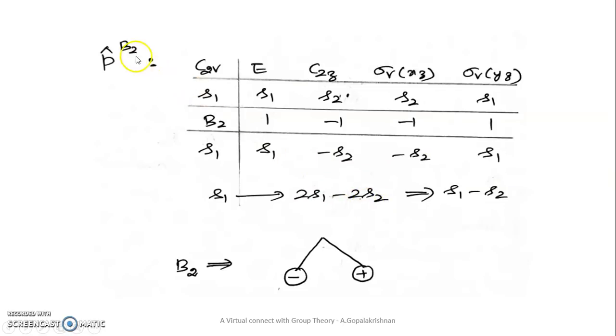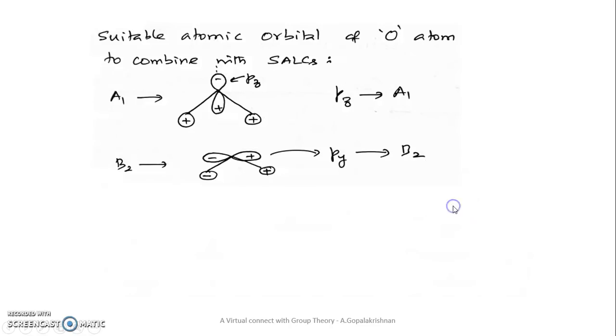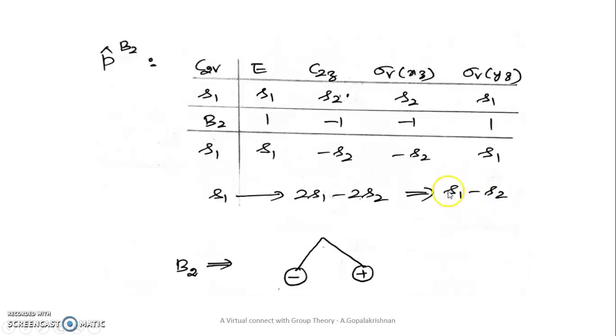So the B2 irreducible representation projects the function S1 into S1 minus S2, and this is the group orbital corresponding to the B2 irreducible representation. S1 minus S2 means S1 is positive and S2 is negative. You will get the second group orbital. Are you able to follow?